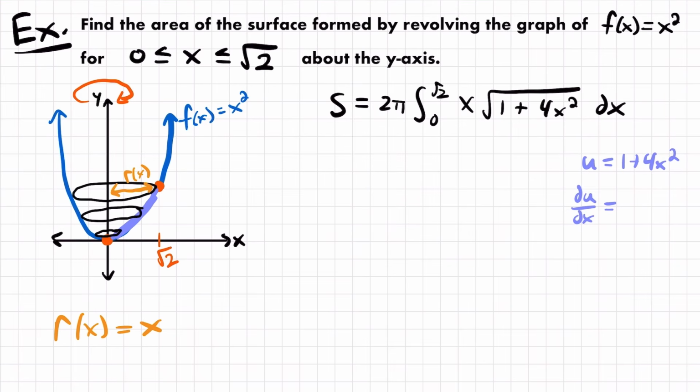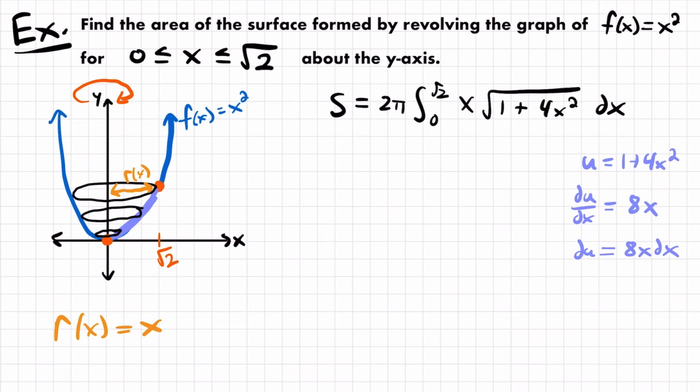So we'll have 2 times 4, which is 8 times x to the power of 1. All right, and so 8x is the derivative. And now if we solve for du by multiplying both sides by dx, we will have that du is equal to 8x dx. And now whatever du is equal to, that needs to be found within our integral.